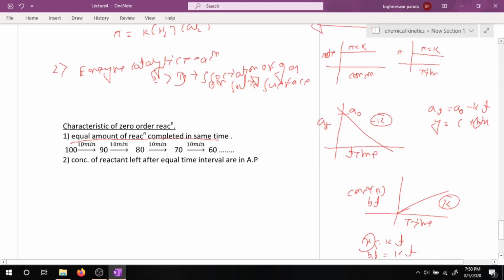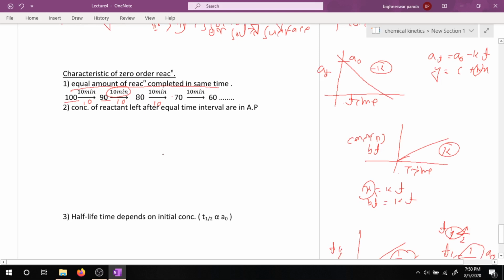So if 100 to 90, that means 10 units, is utilized in 10 minutes, then 90 to 80, another 10 units, is utilized in 10 minutes, then 80 to 70, another 10 units, is also consumed in 10 minutes. So equal amount of reaction gets completed in same time. This is the unique property of zero order reaction.